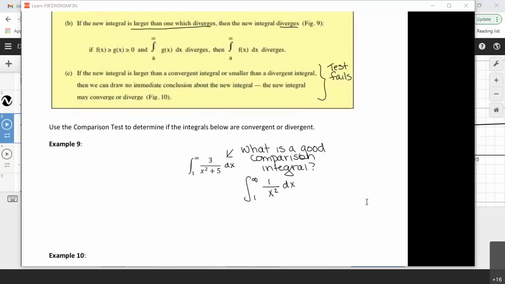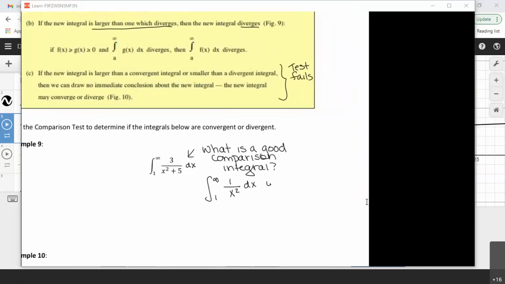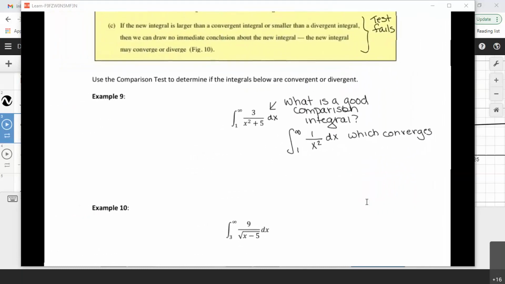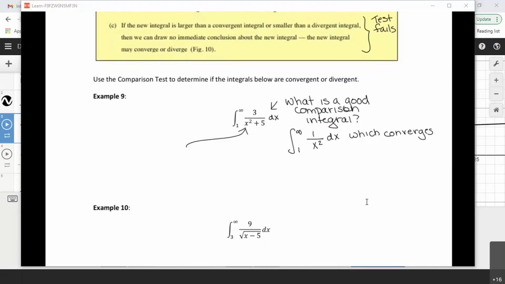Okay, I know that this converges, right? Because by the p-test, since p is greater than 1, I know that this converges. So what I have to show is this is smaller than that.